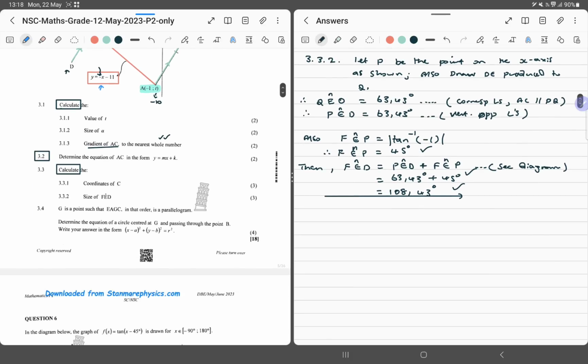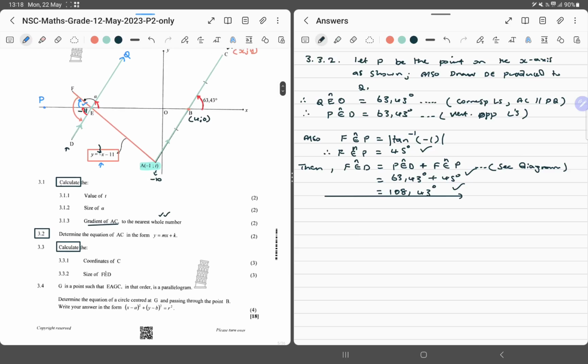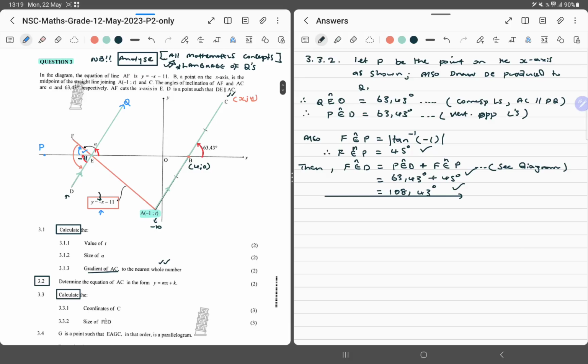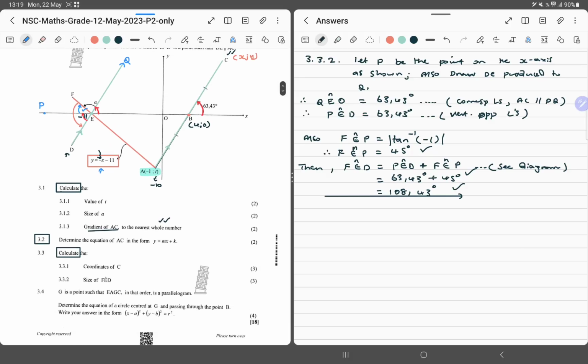Now, last question. It says G is a point such that EAGC, in that order, is a parallelogram. So let's see. They gave us EAGC in that order.